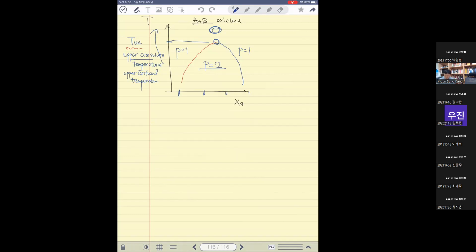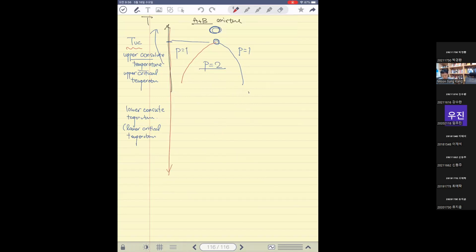But you can also have a case where you have lower consolute temperature, or lower critical temperature. In that case, you're going to have a phase diagram. So let's say I have lowered the temperature using the same axis.